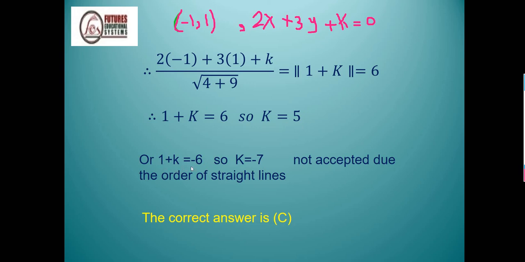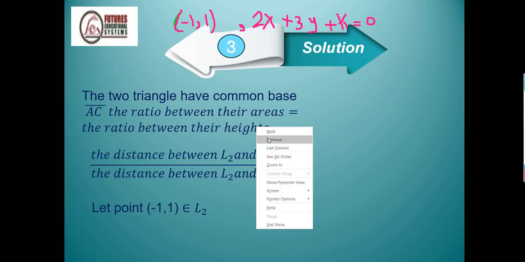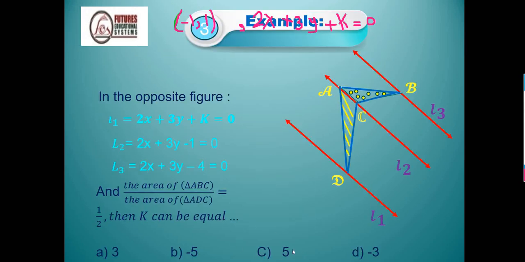Or 1 plus K equals -6, therefore K equals -7. K equals -7 is refused, not accepted, due to the order of the straight lines. Therefore the correct answer is C, because K equals 5.